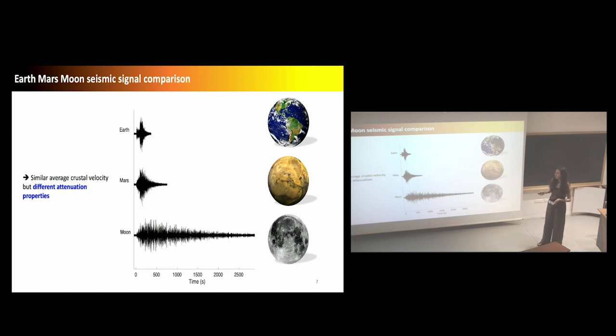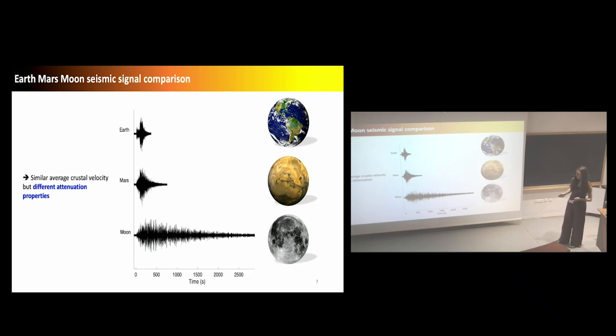So for the Earth, it's a crustal one, like 10 kilometer depth. For Mars, we still have some mysteries, so we don't know exactly, but we think it's shallow.